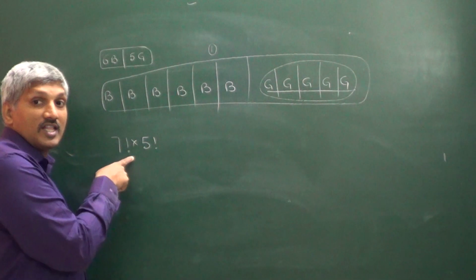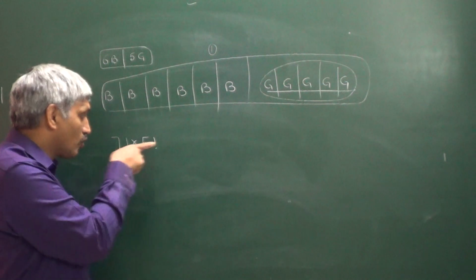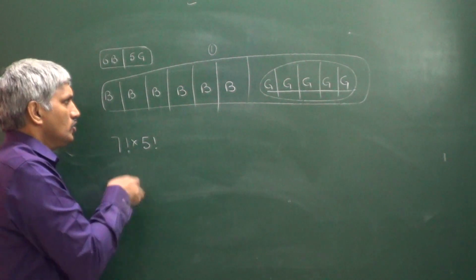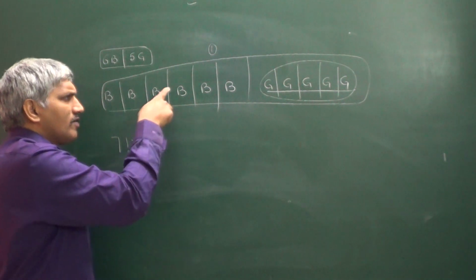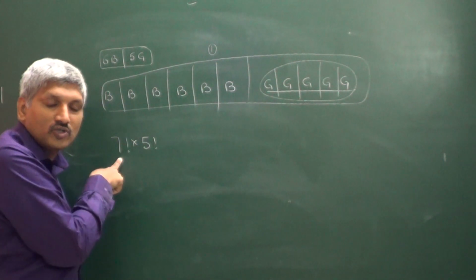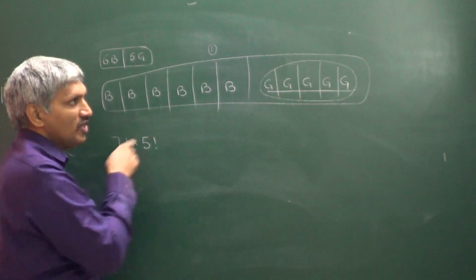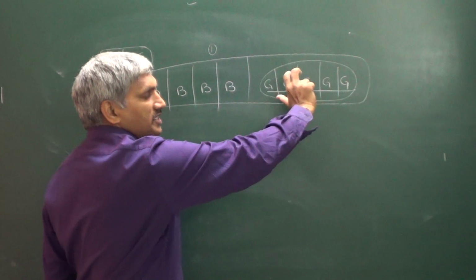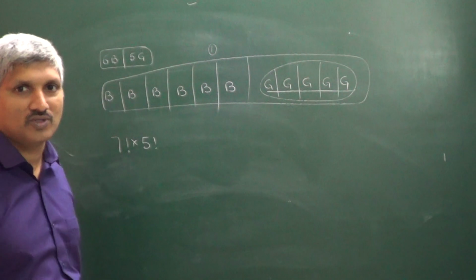That's why till the completion of our process we have to go on multiplication. So these 7 units can be arranged in 7 factorial ways, and these 5 girls can interchange among themselves in 5 factorial ways.